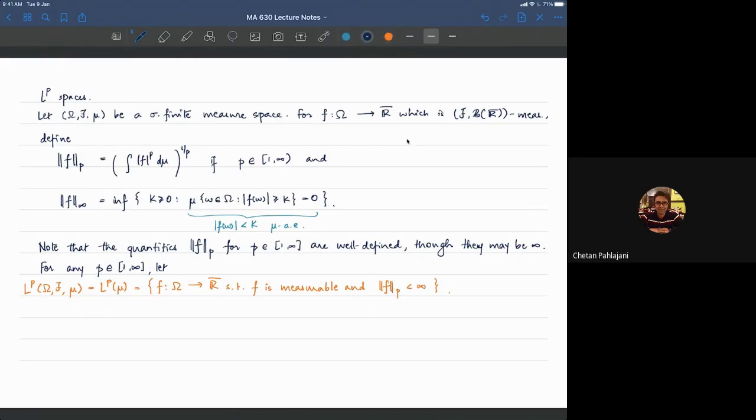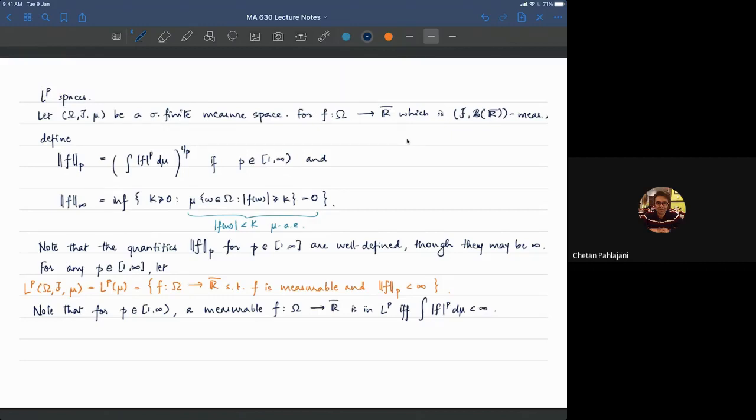Here's a quick note. So note that for p in [1, infinity), and note that here I've excluded infinity, the measurable f taking omega to R-bar is in L^p if and only if the integral of |f|^p d mu is less than infinity. All right, so this is not really news to you.